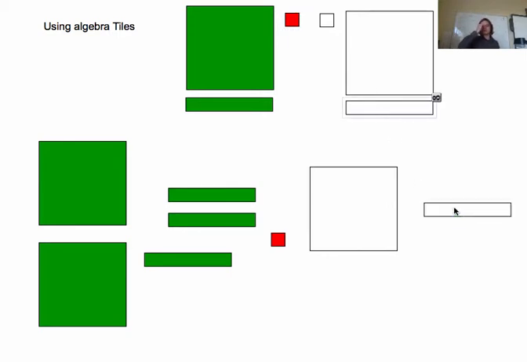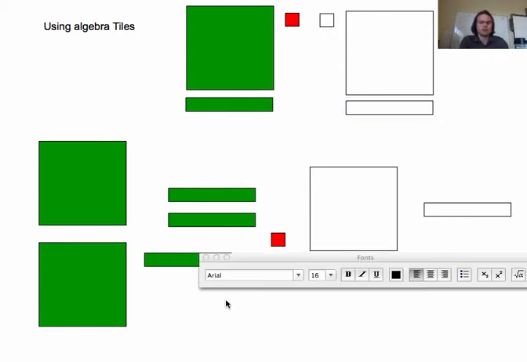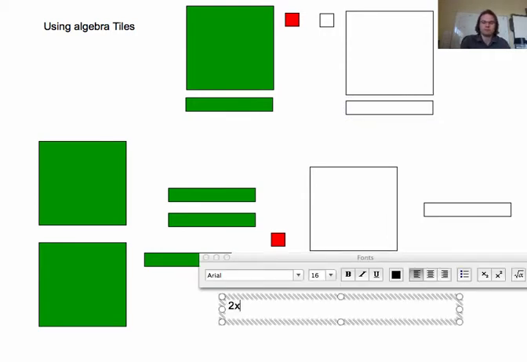So if I look at this, I end up getting 2x squared minus x squared. So I'm going to type that in here. We have 2x squared, and we're taking away x squared.